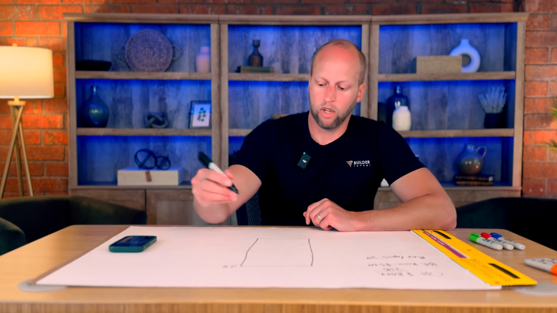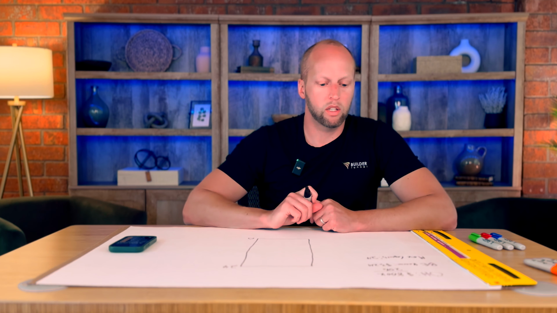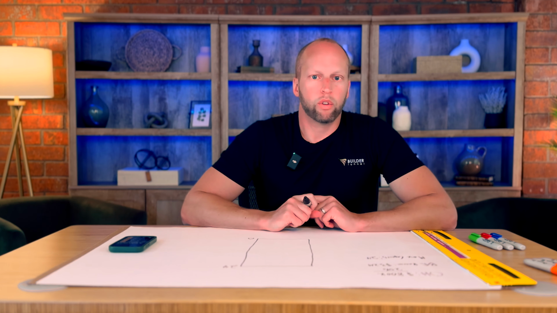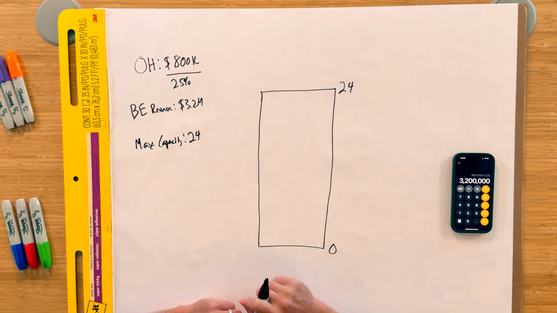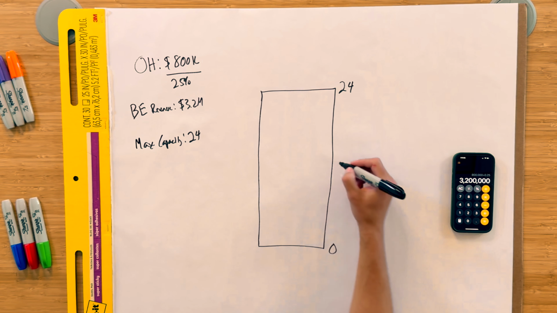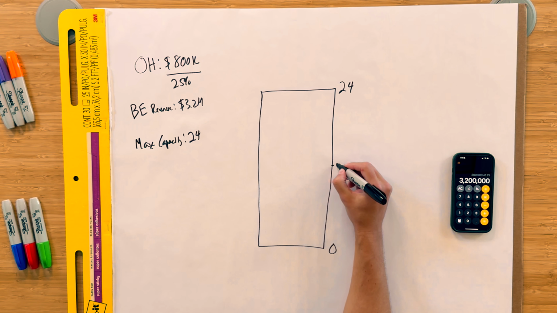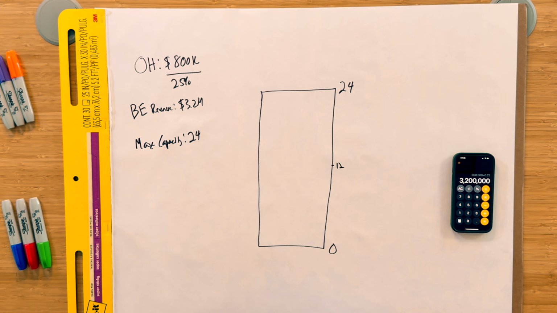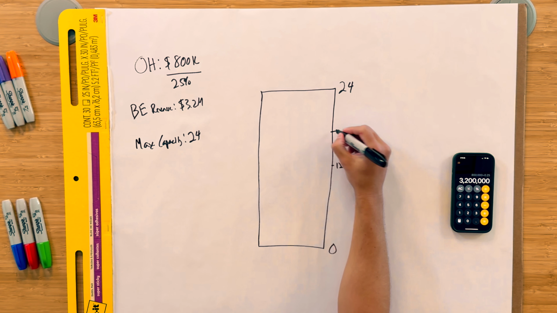So we've got 24 as our max capacity, and we're going to start at 0 for the year as we ramp up. This would be your halfway point at 12. We're currently at 18.